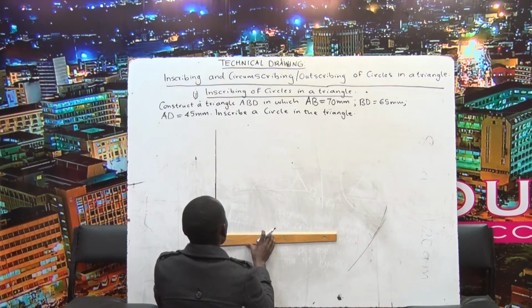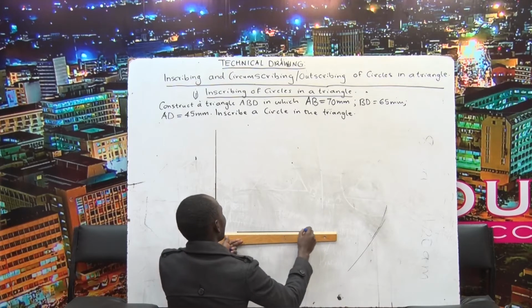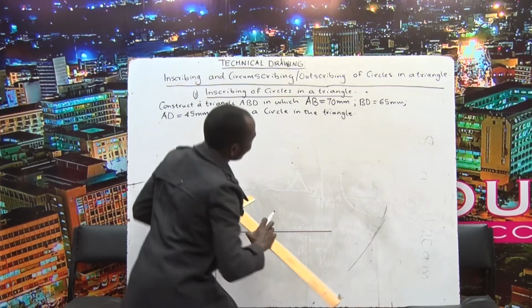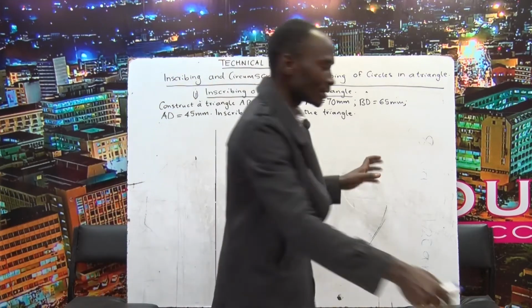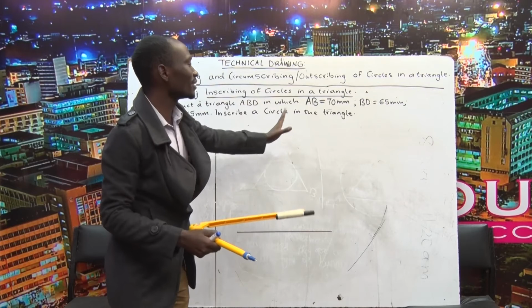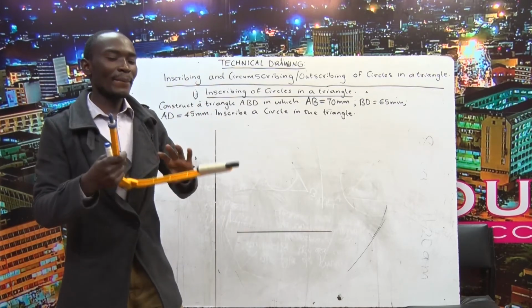You slide it and draw a line like that. We have been told to construct a triangle ABD in which AB is 70 millimeters.